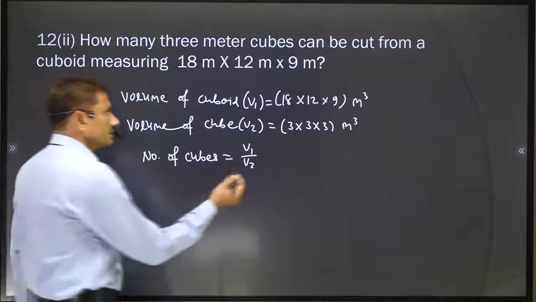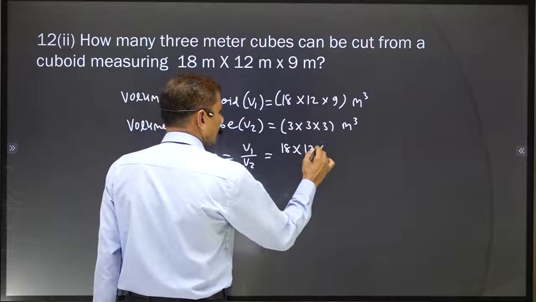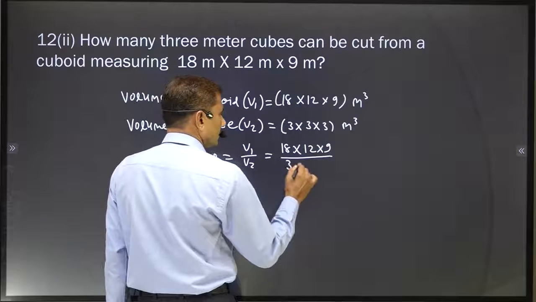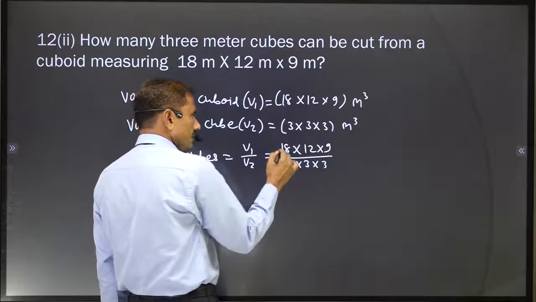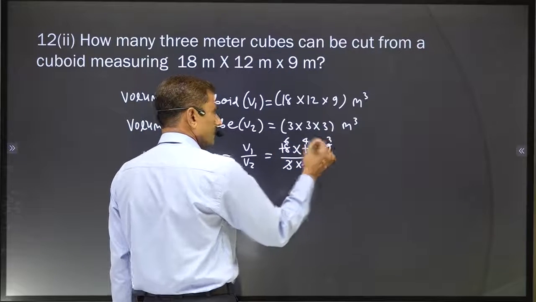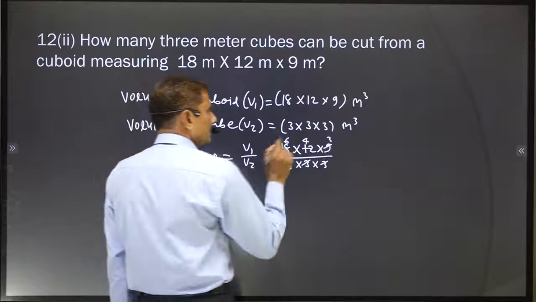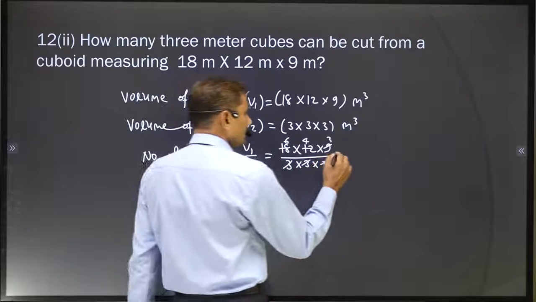Okay. So that is 18 into 12 into 9 upon 3 into 3 into 3. I purposely wrote it that way so that I can very easily cancel all of them. Anyway, you can cancel, no problem. So now it is 6 4s are 24, 24 3s are 72.